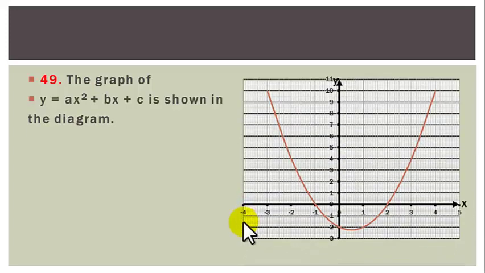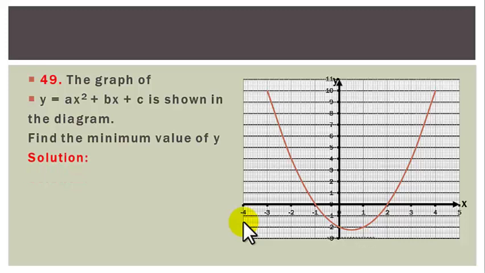Question number 49. The graph of y equals ax squared plus bx plus c is shown in this diagram. Find the minimum value of y. Solution. The minimum value of y occurs at this point, and this is equal to y equals minus 2.1.